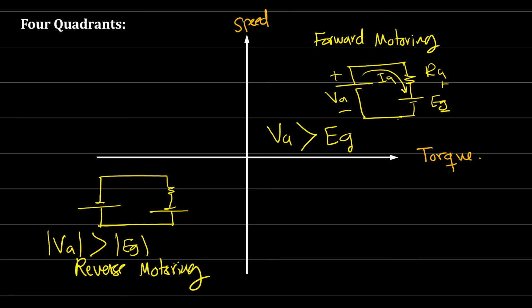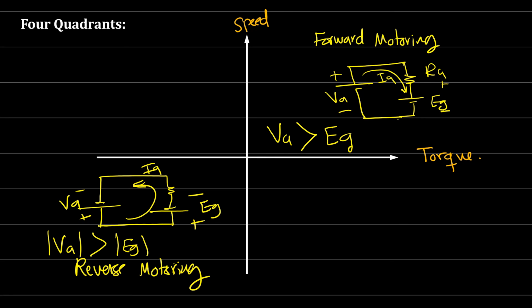You are moving in the opposite direction, as it's the same circuit, right? But the direction of the motor will be reversed. So this is the reverse motoring. So this is EG plus minus here, and this is VA plus minus here, and the current will be in the opposite direction. Okay, so this is IA. So this and this, we have the same circuit, but with the direction of the current opposite.